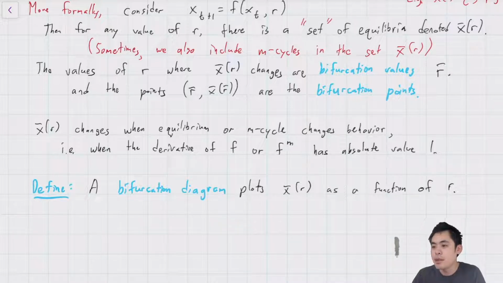And in our bifurcation diagrams, we usually also specify the additional information of if they're stable or unstable. And sometimes we might also specify if we're talking about cycles or just equilibria.